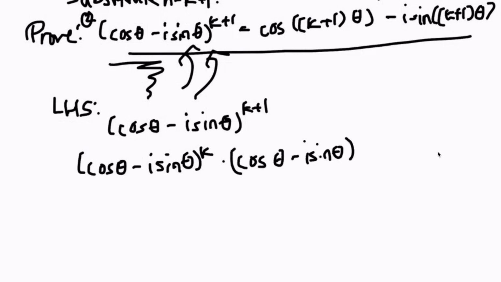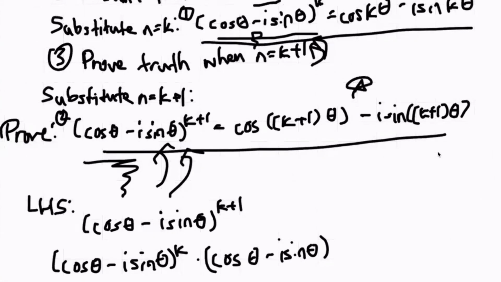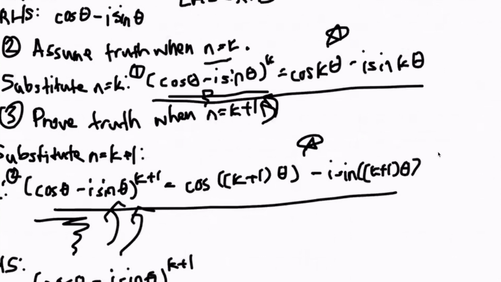Hopefully this makes a lot of sense because we're just using exponent rules here. And what we can do now is we see that, hey, cosine theta minus i sine theta to the kth power, we've seen that before. What's that equal to? Well, that's just going to be equal to this guy over here. So what we can do is we can substitute that right in.